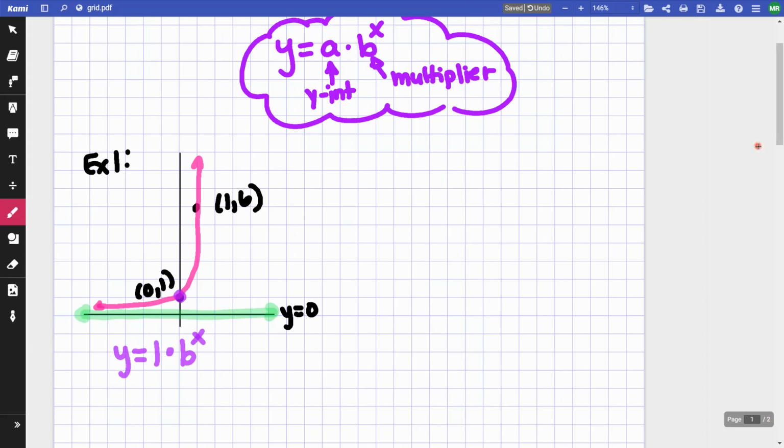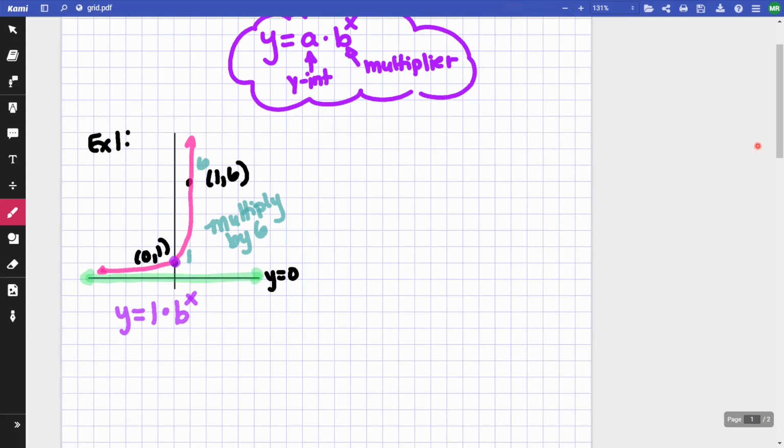Now, you can substitute in, but in this one, if you pay attention, we're at a height of 1, and then we're at a height of 6. So what am I multiplying by? I'm going to multiply by 6. So this is going to be y equals 1 times 6 to the power x. When you have 1 in front, you really don't need to write the 1, so you can clean this up. y equals 6 to the power x.